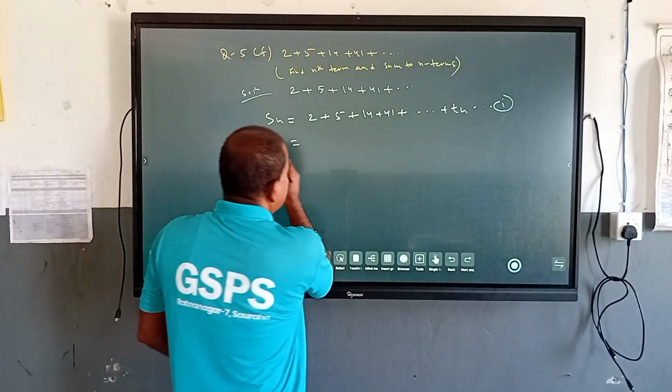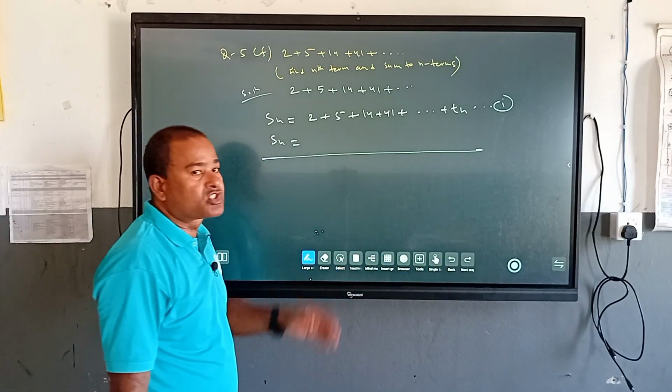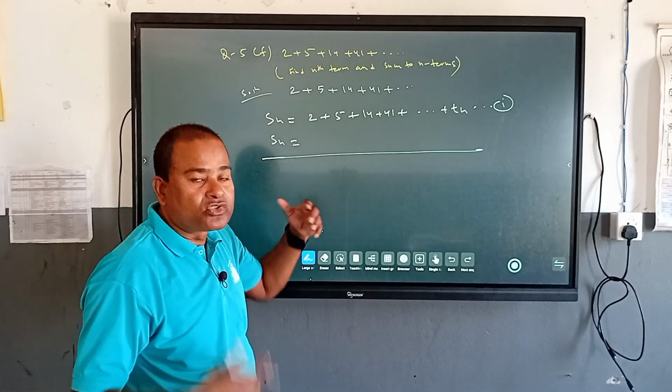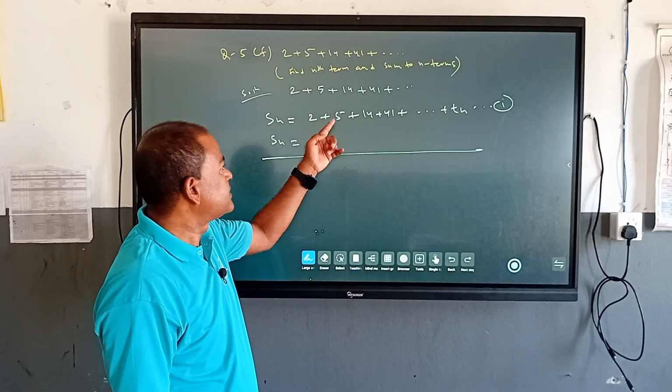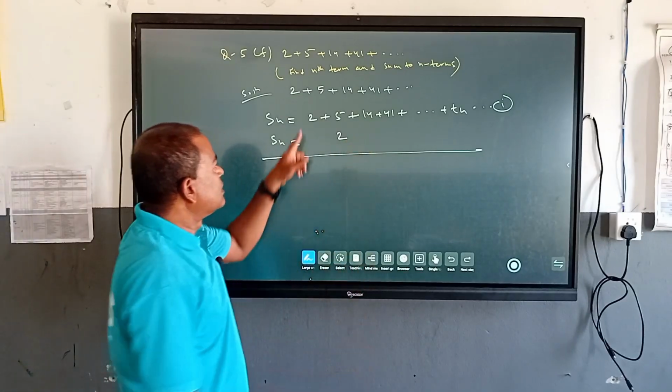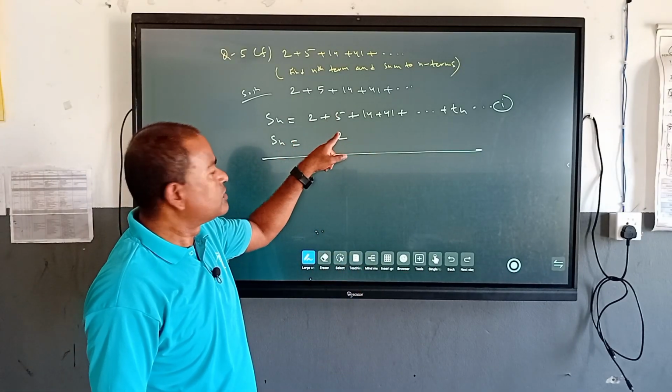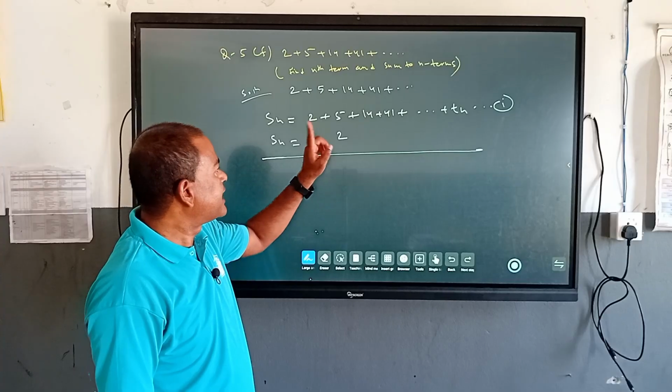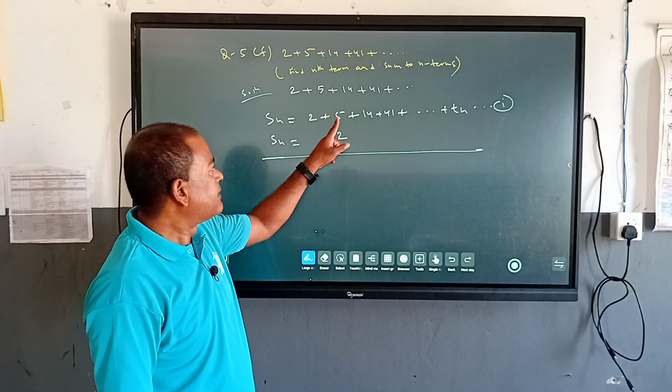In order to take the difference between succeeding and preceding terms, we write the first term just below the second term, because we have to subtract 2 from 5.